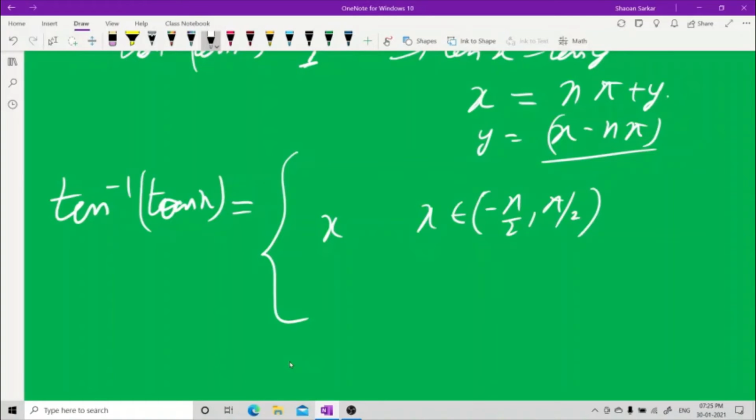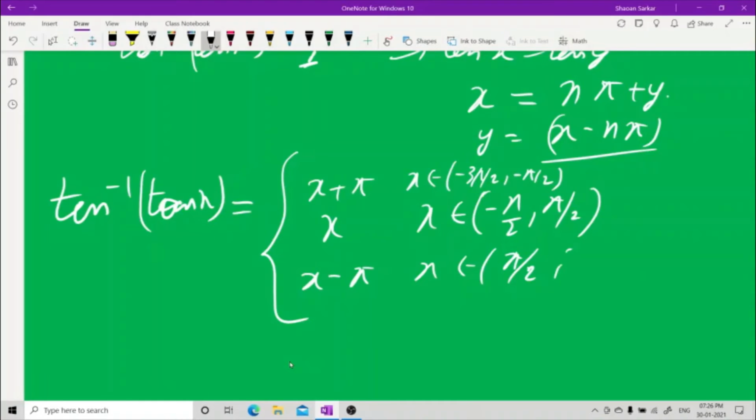For n equal to 1, you have x minus pi, with x belonging to pi by 2 to 3 pi by 2. For n equal to minus 1, you have x plus pi, with x belonging to minus 3 pi by 2 to minus pi by 2. Similarly, you can write for the rest. It's very easy.